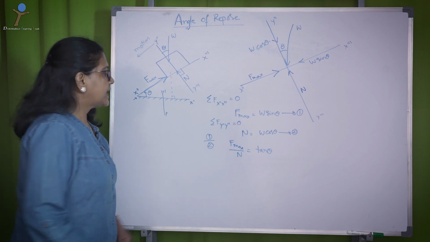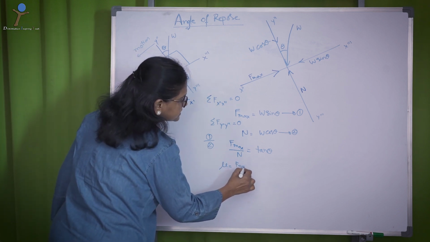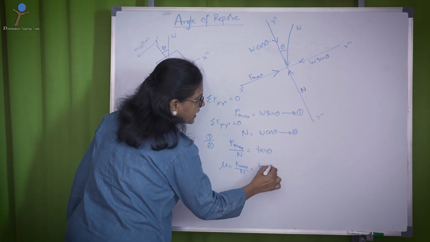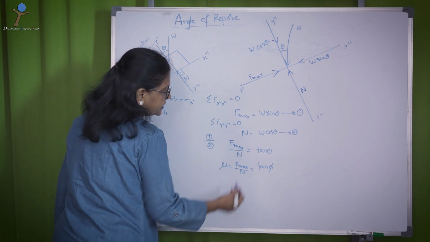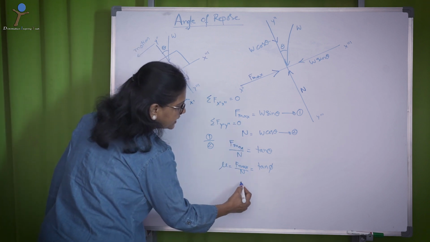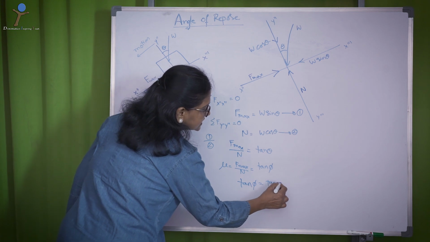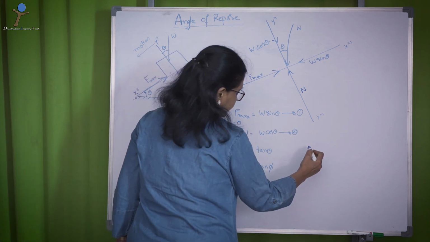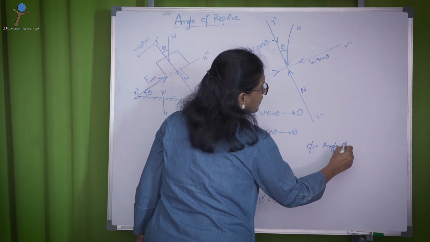We already know that mu, which is equal to F max by n by assumption, is equal to tan phi. So, I represent tan phi in place of F max by n and say tan phi equal to tan theta, or phi equal to theta, where phi is said to be the angle of repose.